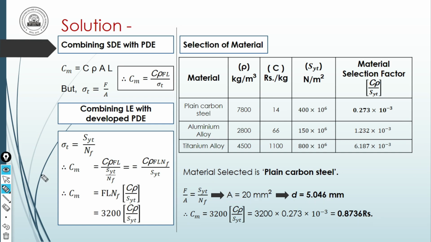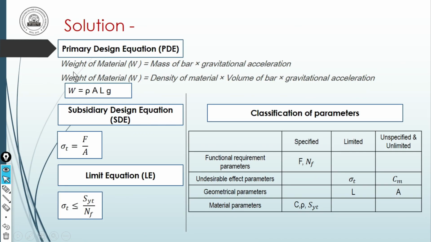Now what is our second objective in the problem statement? The second objective was to minimize the weight of the final product. Here the primary design equation will be the weight of the material, which can be written as W, which is nothing but mass of bar into gravitational acceleration. We know that W is written as m into g.